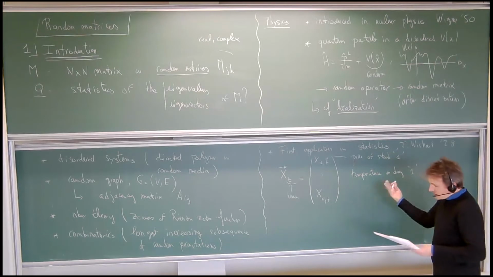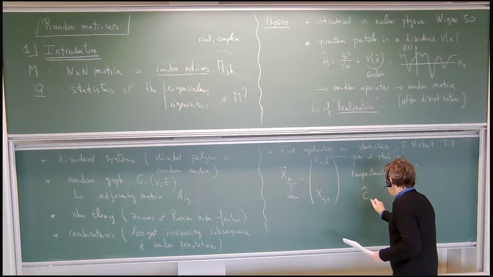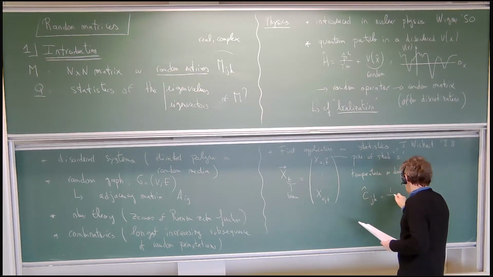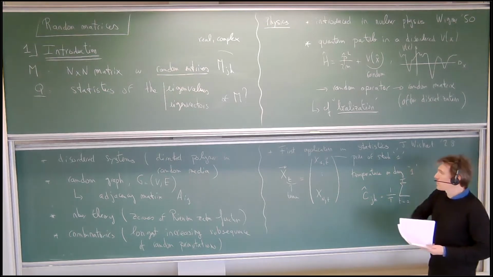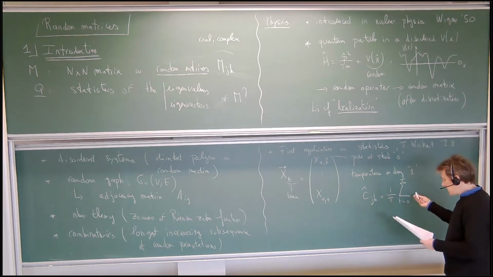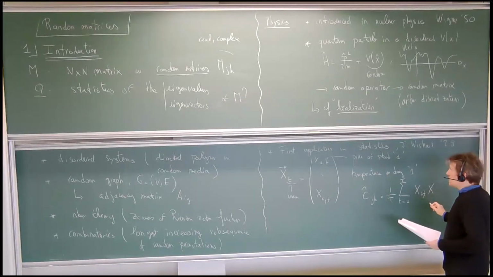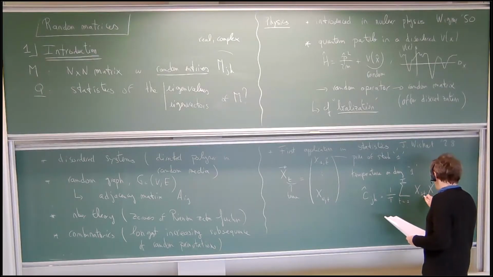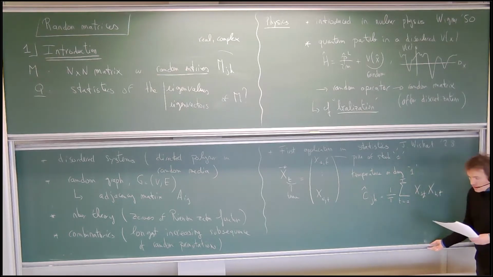To do that, the object that you will consider is what I denote by C hat_jk, which will be constructed in this way: 1 over T times the sum from t equals 1 to capital T. You observe your data on an interval of duration capital T, and you look at the correlation, which you define this way: x_j,t times x_k,t.